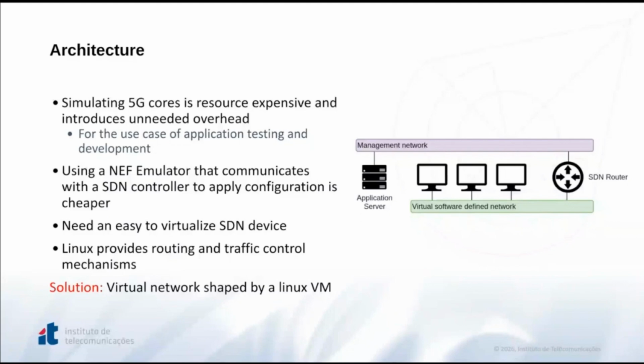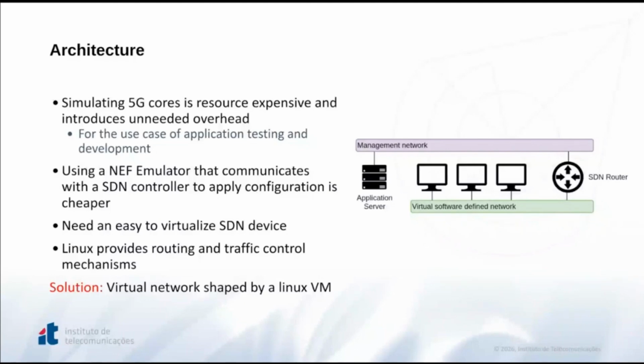And for the use case of application development in specific, this is not needed because many of the times the developers only want to verify that when they run the operation, for example, quality on demand, they see the new QoS profile being applied. So instead, we chose to actually extend an NEF emulator to contact an SDN controller to enforce these operations directly in the routing network.